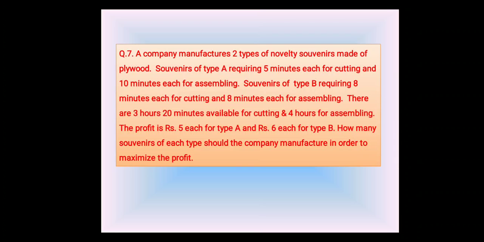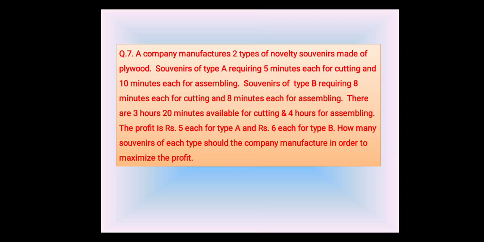They have also given the availability of the cutting machine and assembling, that is 3 hours 20 minutes and 4 hours respectively, and the manufacturer can get a profit of rupees 5 on type A and rupees 6 on type B. Now we have to find the maximum profit for the company.